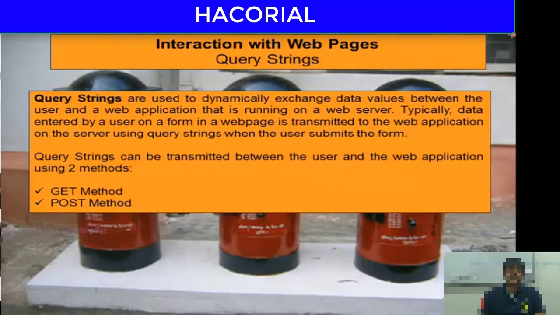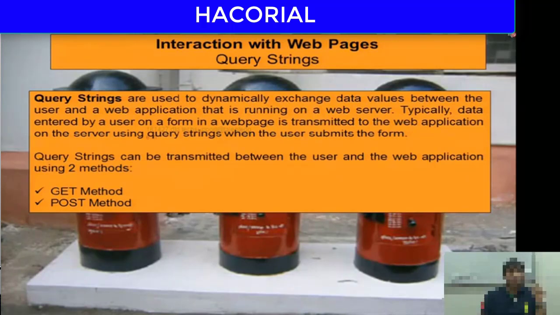Typically, data entered by a user in an online form on a web page is transmitted to the web application on the server using query strings when the user submits the form. So typically there will be a form that you fill up. As soon as you press search or submit or enter or login or whatever, all the information that you filled up in the form is sent to the remote server using query strings.